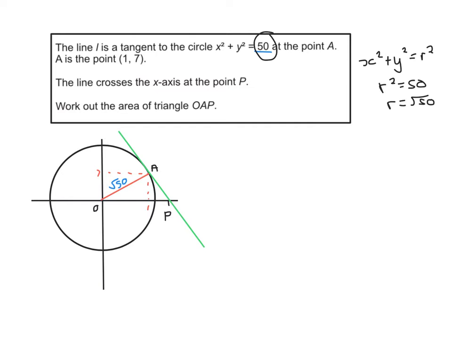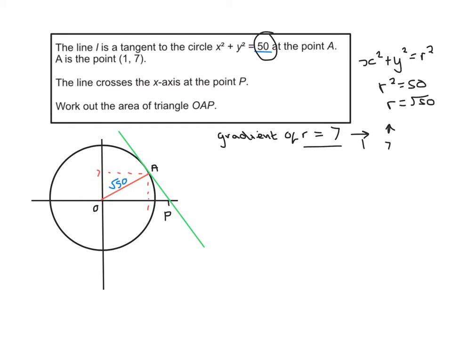Right, we also need to find first the gradient of the radius, so gradient of r. And we can see here that for 1 across, it's 7 up, so my gradient is 7. So that was nice and easy. The gradient of r is 7.